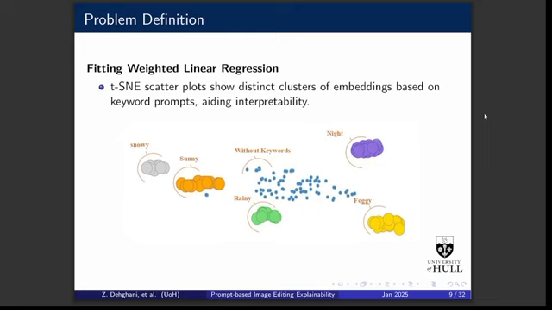This clustering demonstrates how textual inputs guide image generation. It shows that we can fit a linear regression to show that the keywords influence it. Using SMILE, we further analyze these patterns with heat maps and weighted linear regression, offering a quantitative and interpretable view of how text impacts the model's output. This approach enhances transparency and trust in these models.